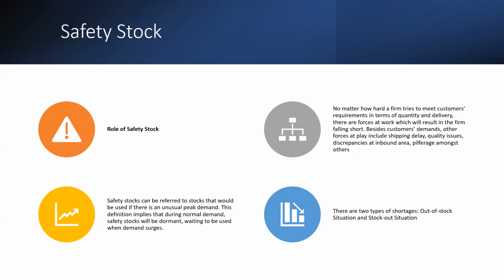There are two types of shortages when it comes to inventory: out of stock situation and stock out. So take note, two types of what? Shortages: out of stock situation and stock out situation.